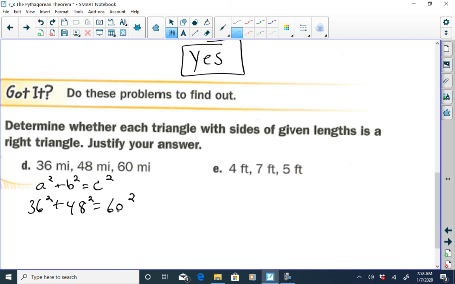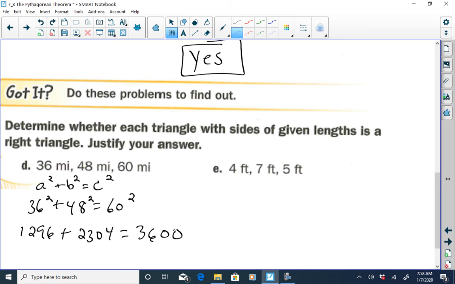All right, well, let's do the math and find out. 36 times 36, that's 1,296, plus 48 times 48, that's going to be 2,304. Is that going to be equal to 3,600 when we do 60 squared?